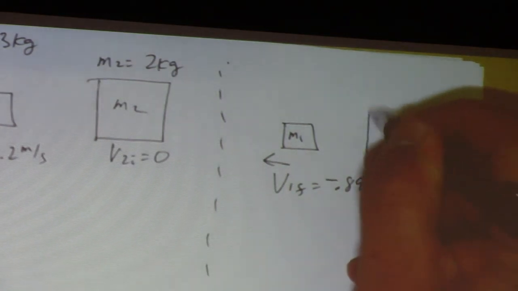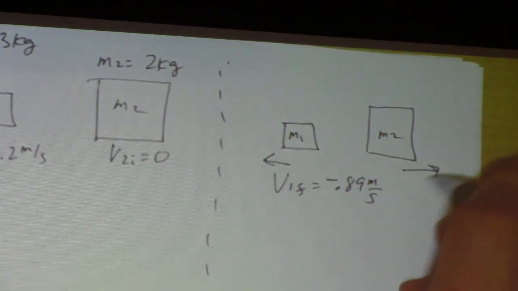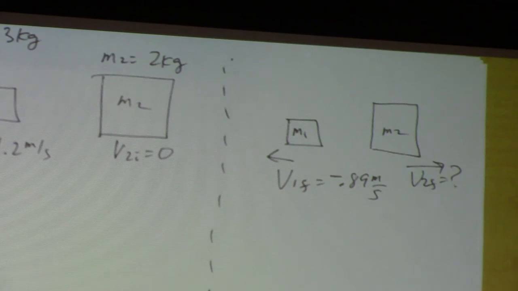And then we've got mass 2 over here. So mass 2 is going to go this way, and that's what we're trying to figure out. V2 final. So this is really just what you did in lab. And if you haven't done it, you'll do it tomorrow. Okay? I shouldn't say just, because we don't know if this is a perfectly elastic collision or not. It's probably not, but the one in lab actually is.